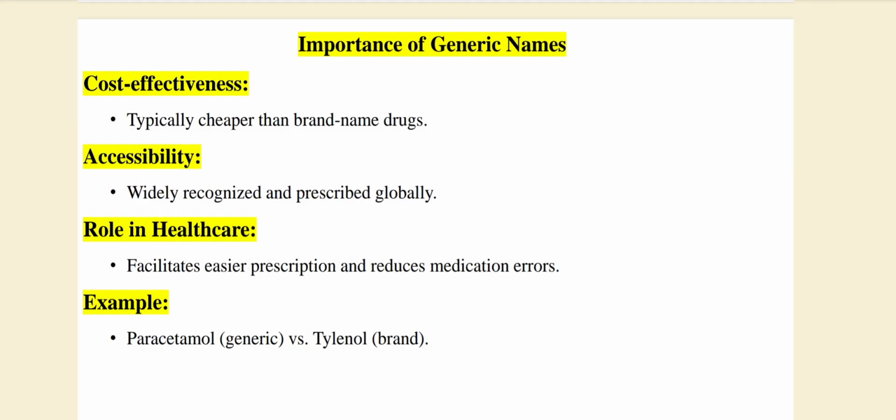The last points are the importance of generic names. Cost effectiveness: generics are typically cheaper than brand name drugs, especially playing a role in healthcare, and the example is paracetamol generic.